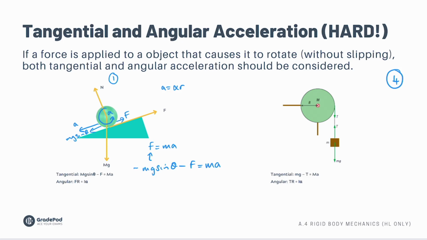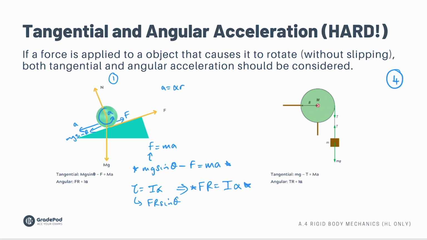That is the formula you want to use for tangential acceleration when you're looking at a ball going down a hill. Equally, you're going to want to look at a formula for angular acceleration. And angular acceleration is tau = I alpha. Tau is equal to the torque, which is Fr sin theta. So actually what you can come up with is Fr = I alpha.